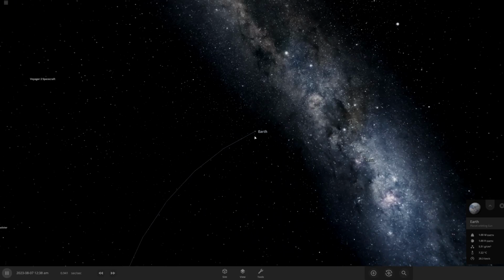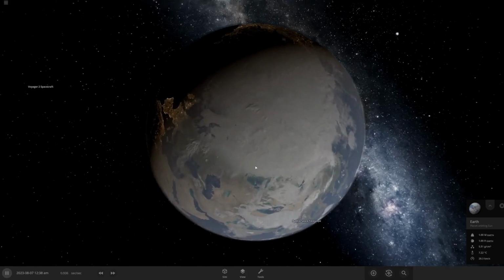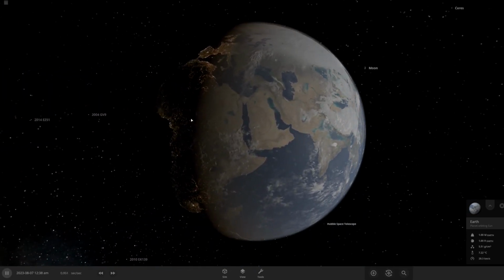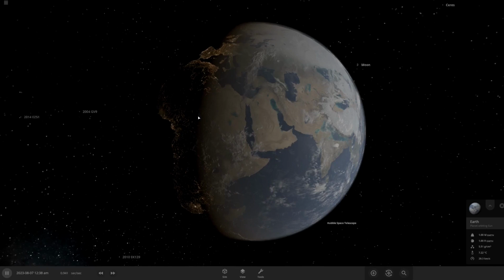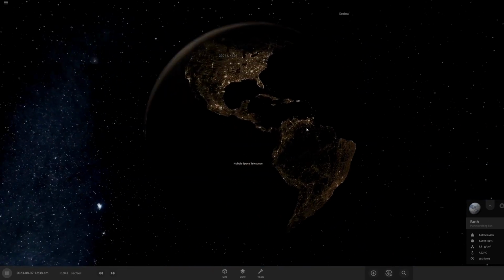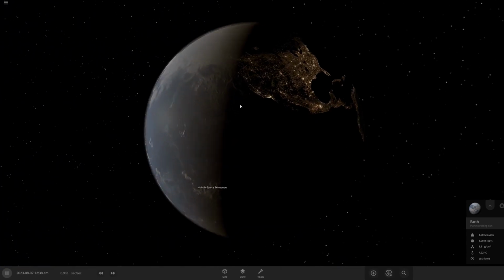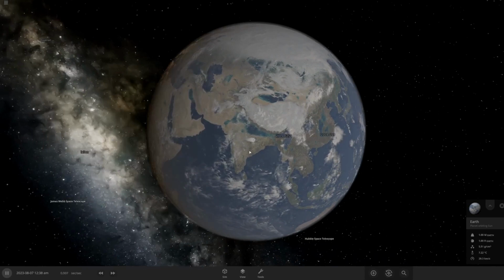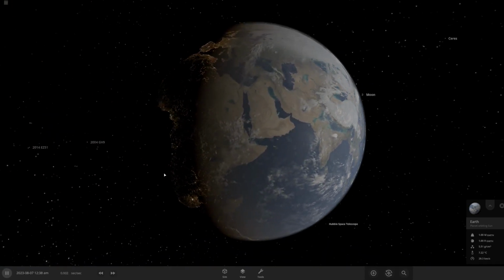Let's start with our most familiar planet. This is actually a synced live simulation of our solar system right now. We can see our planet as it would appear if we were observers from space today at this minute.